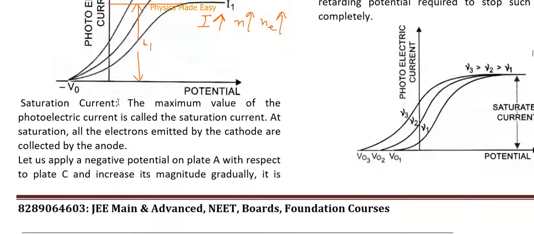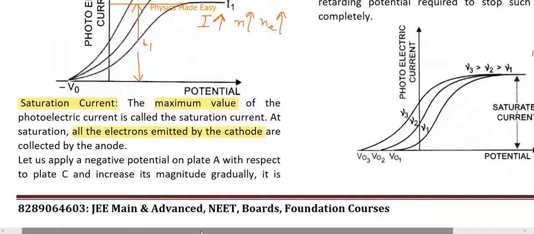The maximum value of the photoelectric current is called saturation current. At saturation current, remember this line, all electrons emitted by the cathode are collected by the anode.